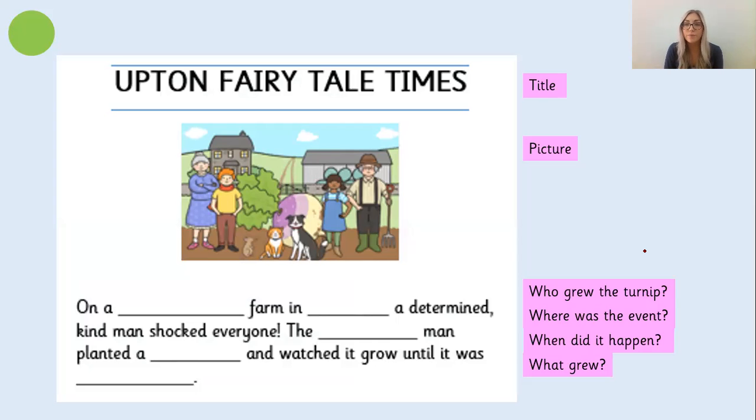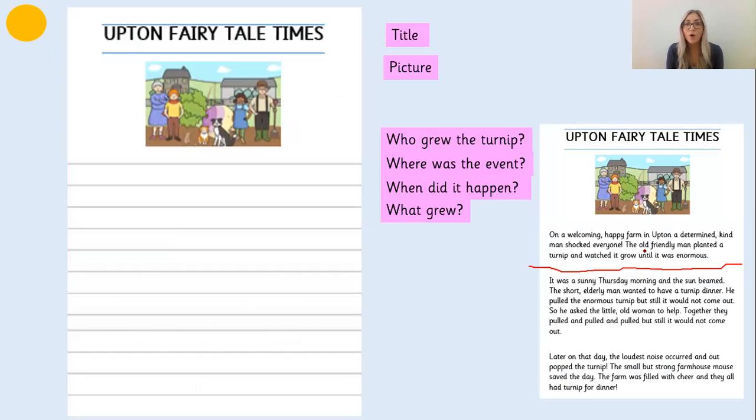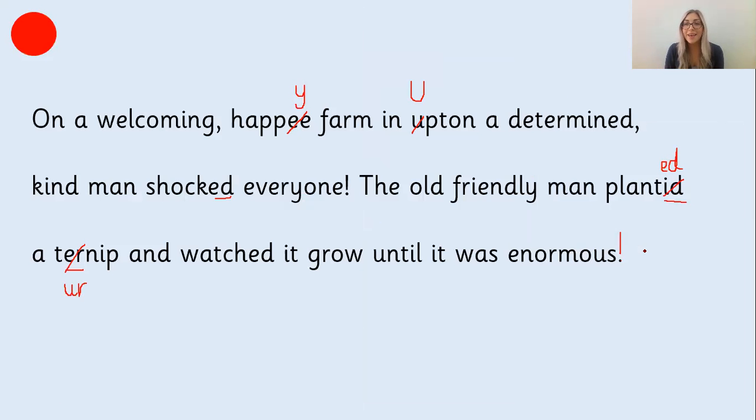What grew? Okay, so filling in the gaps for green challenge, having a go on your own for the amber challenge. So remembering a title and a picture as well. And then at the end, making sure you edit your work to make sure that you have done it brilliantly. Okay.